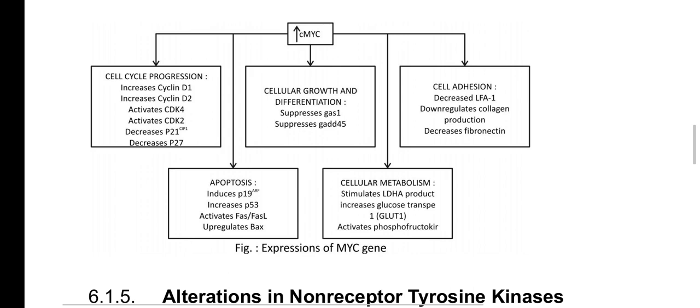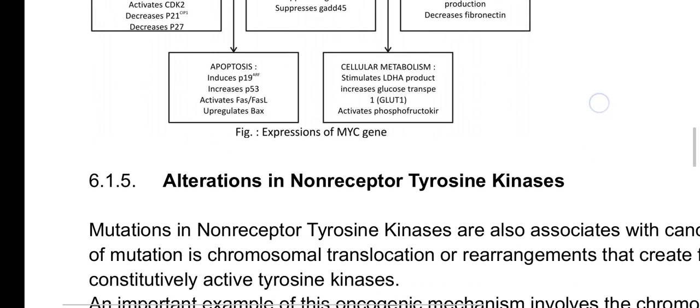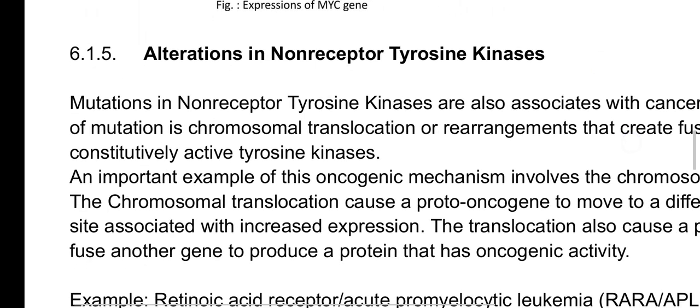Then cellular metabolism: stimulates LDHA product, increases glucose transporter 1, then activate phosphofructokinase. Then apoptosis: induces P19, increases P53, activates FAS or FAS ligand. Then upregulates BAX.